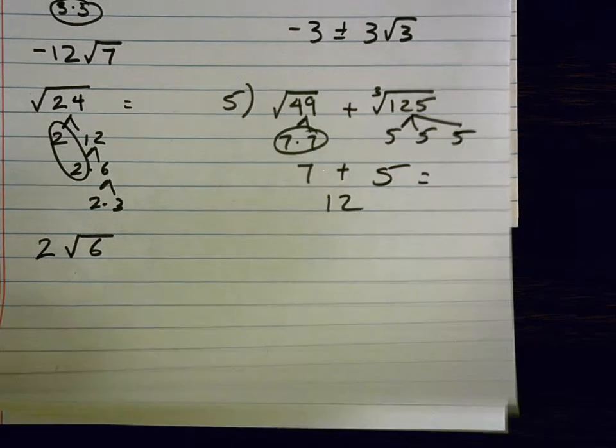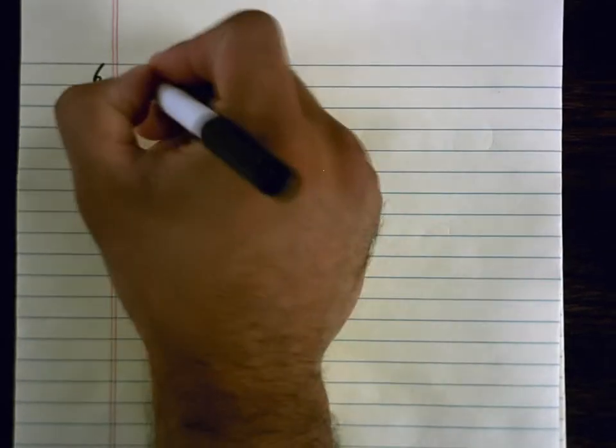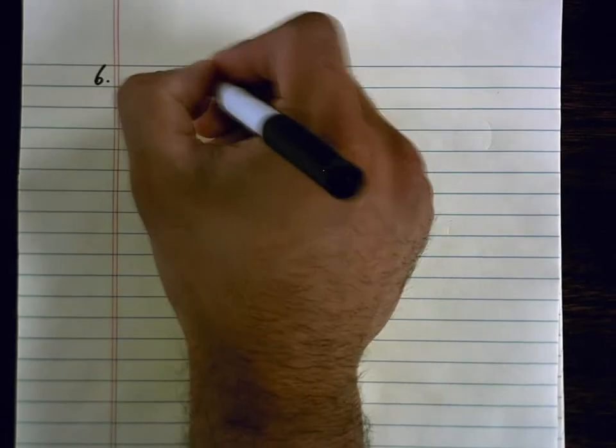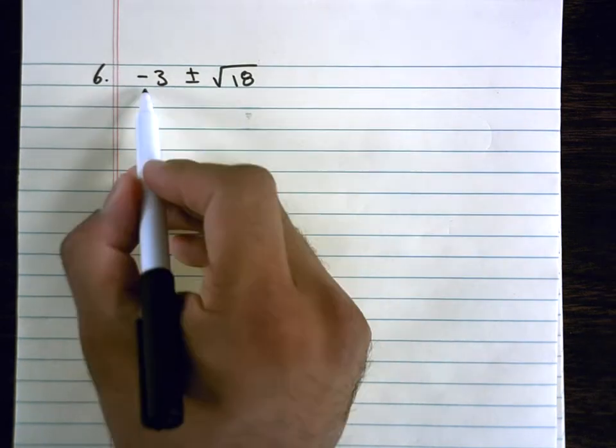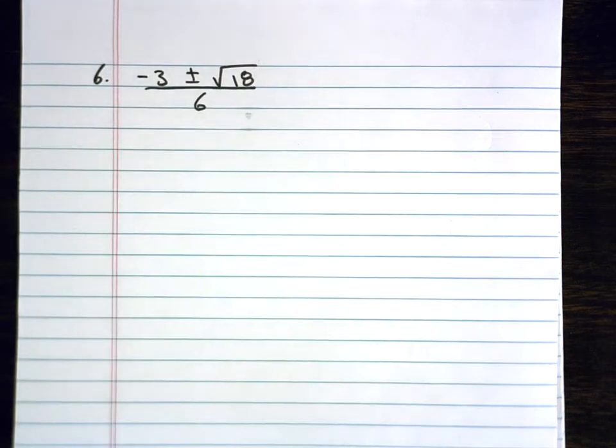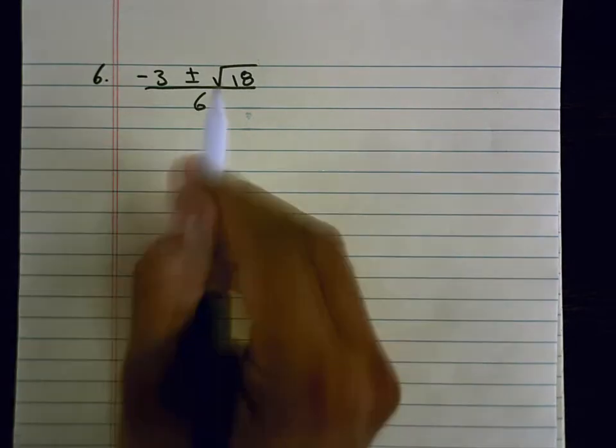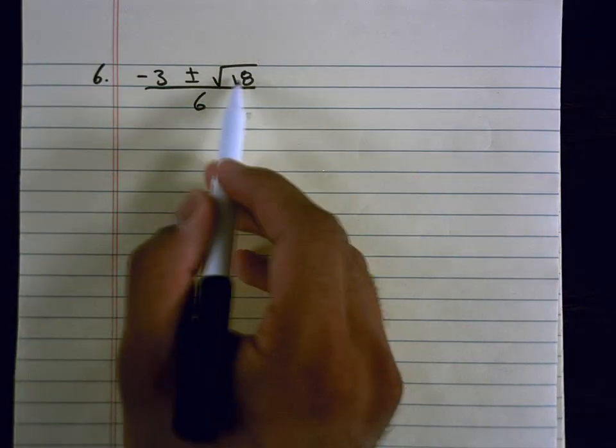Number 6 says -3 plus or minus the square root of 18 all over 6. Okay. Now this is very similar to number 4, but I have to simplify this radical first.